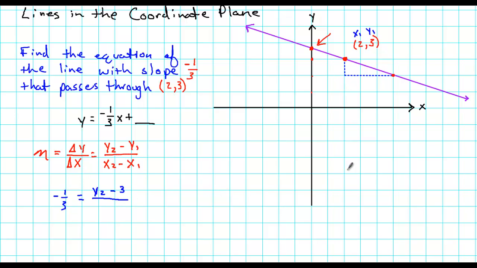So this goes too fast for you. Slow down and pause it. Watch it again. Remember, my slope, negative 1 over 3, equals y2 minus y1 over x2 minus x1. So y2 minus 3 over x2 minus 2.